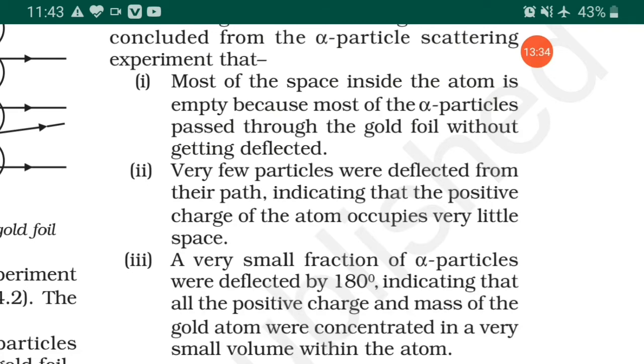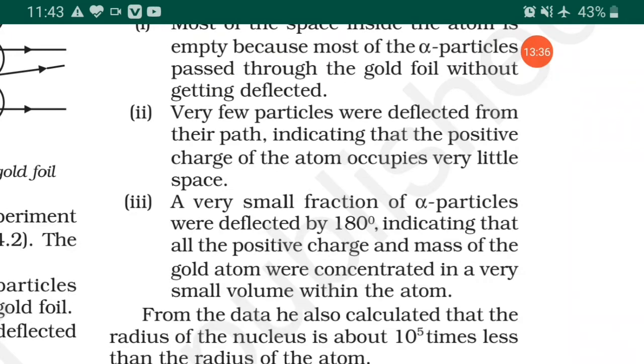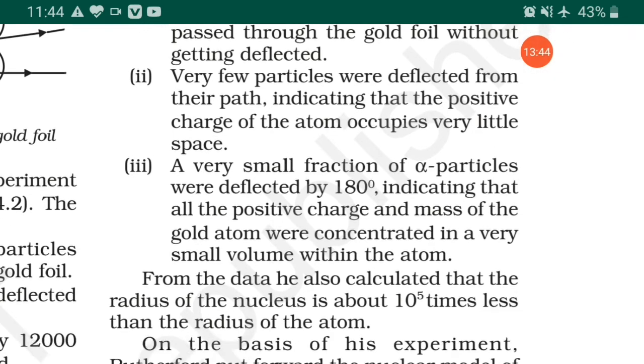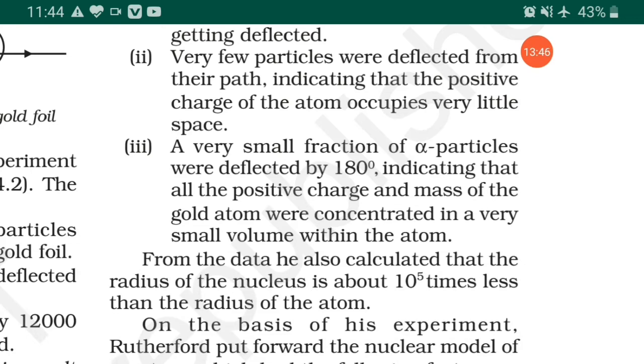Second, very few particles were deflected from their path, indicating that the positive charge of the atom occupies very little space. Third, a very small fraction of alpha particles were deflected by 180 degrees, indicating that all the positive charge and mass of the gold atom were concentrated in a very small volume within the atom.